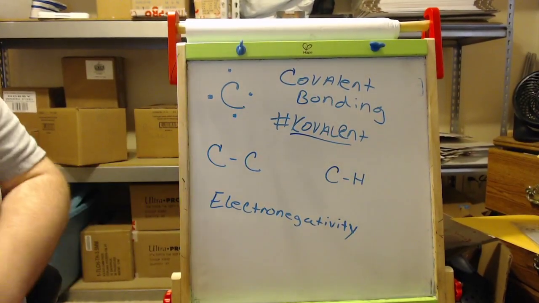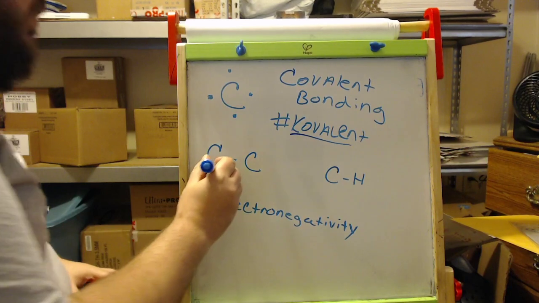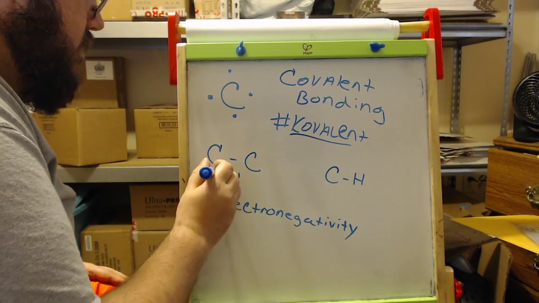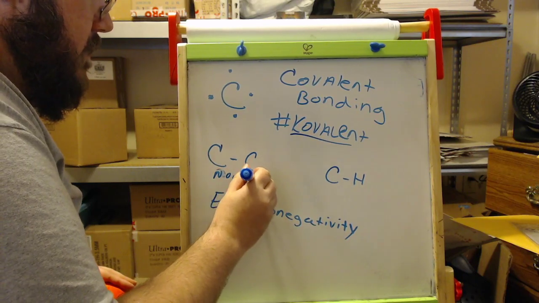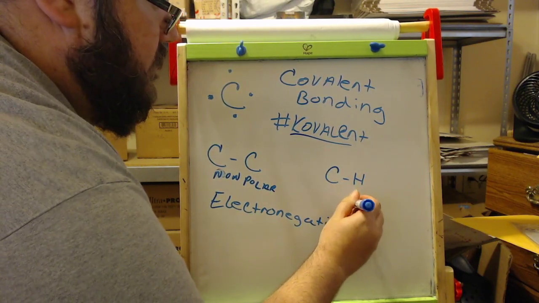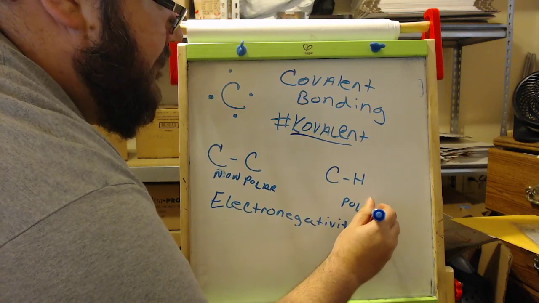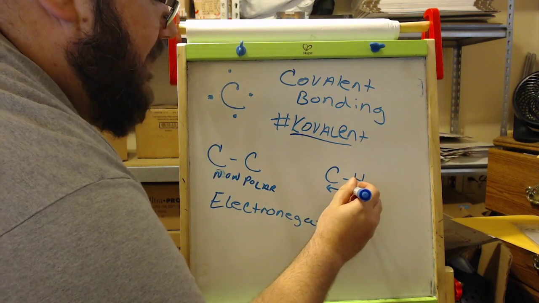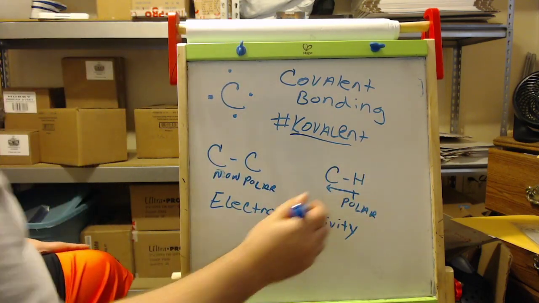Well, if nobody's winning the tug of war, we have a non-polar covalent bond. If there is a difference, we have a polar covalent bond. How do we show that difference? We show it with an arrow going from the less electronegative to the more electronegative.